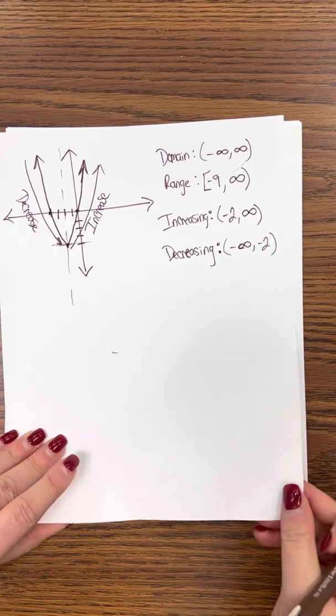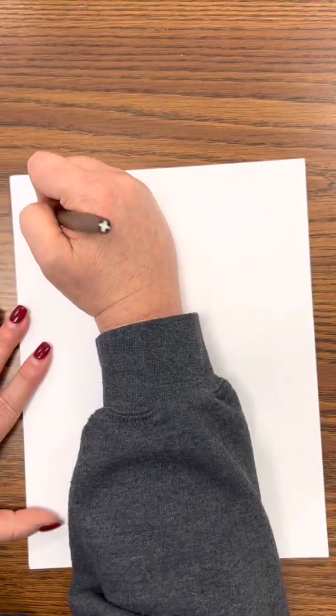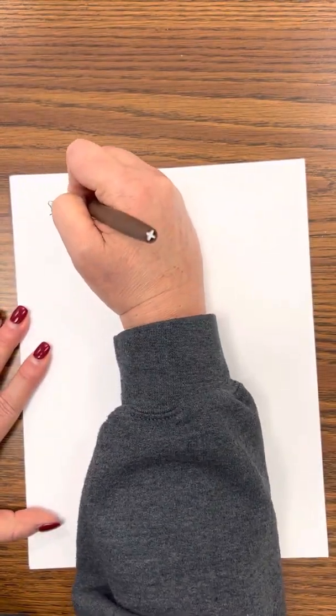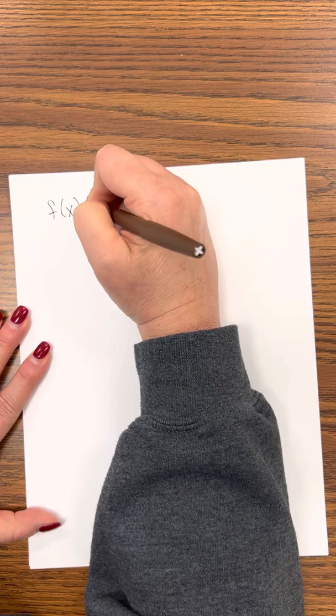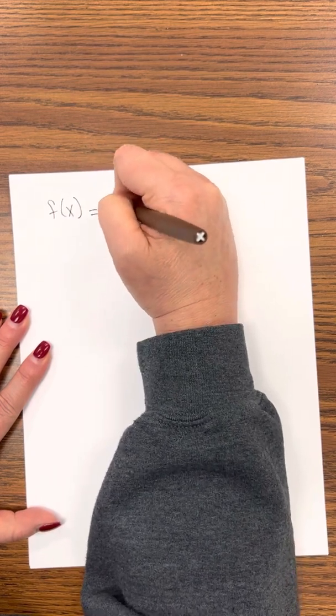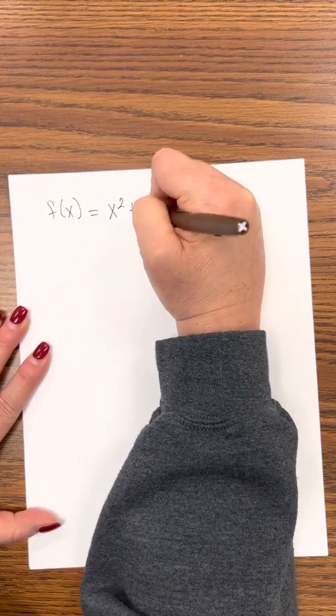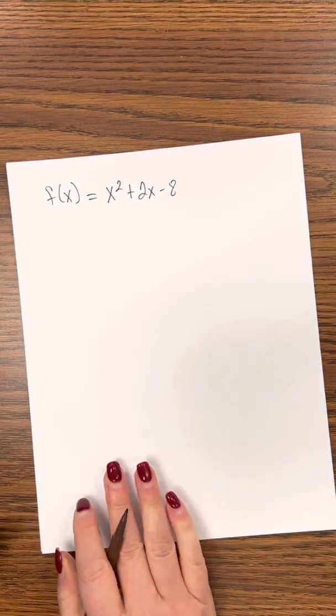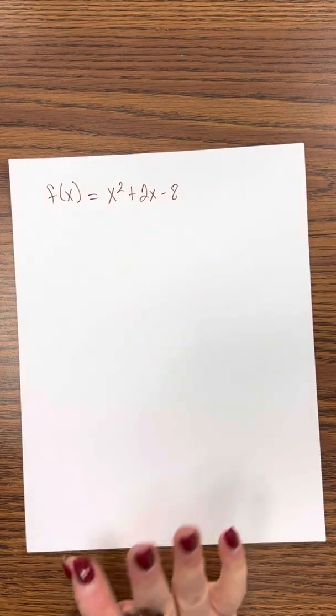So this is another one, but as I mentioned a minute ago, you can actually do some vertex form or the transformations on some of these. If you just pay attention to the function, it's easy to put it in that vertex form that we've talked about now. So here's our function. First of all, does it open up or down?